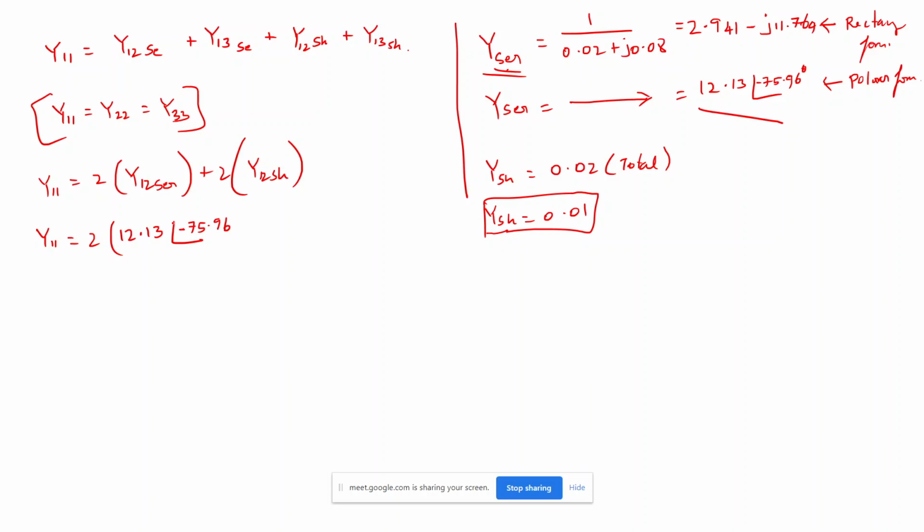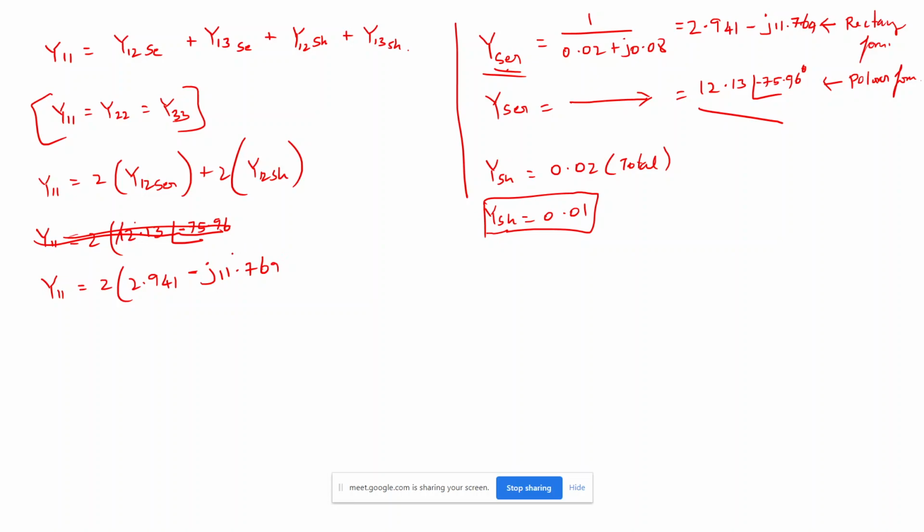At this step we can write it in the rectangular form only. So y11 is 2 into (2.941 minus j11.769); later we will convert into polar form.